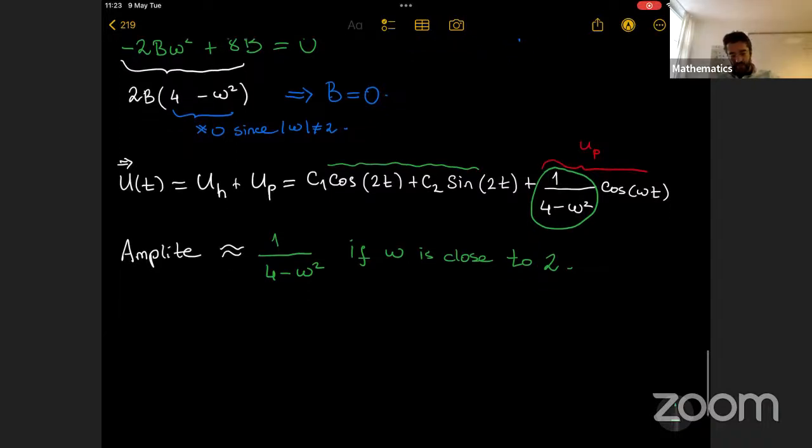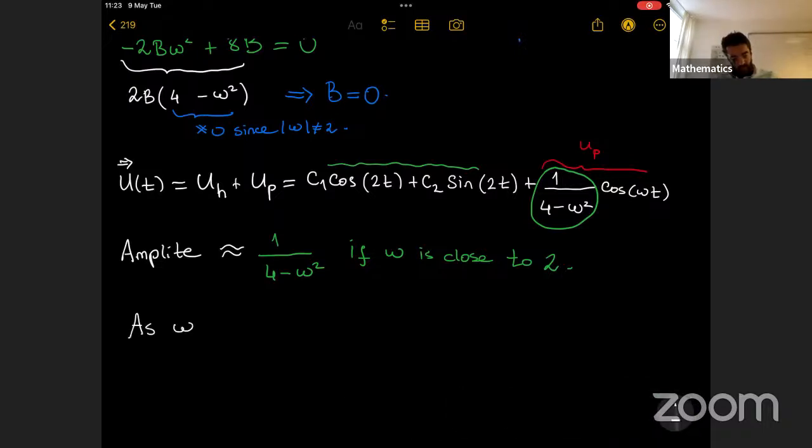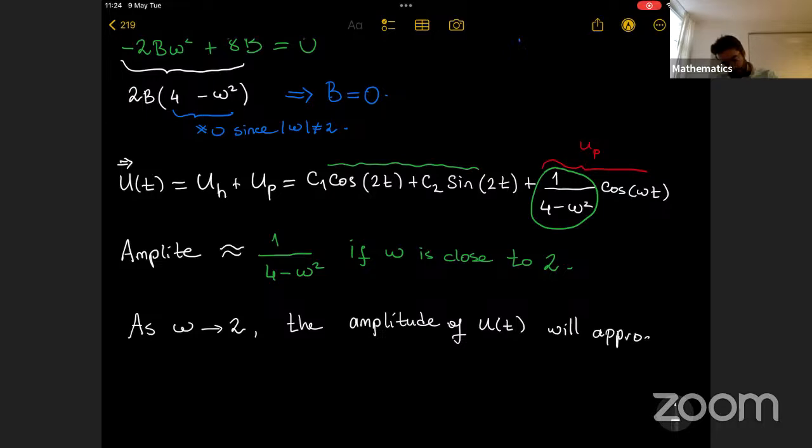Well, what happens as W goes to 2? As W goes to 2, the amplitude of u will approach infinity, right?